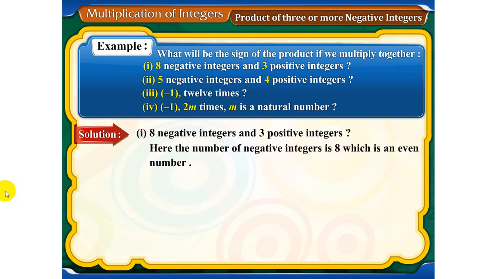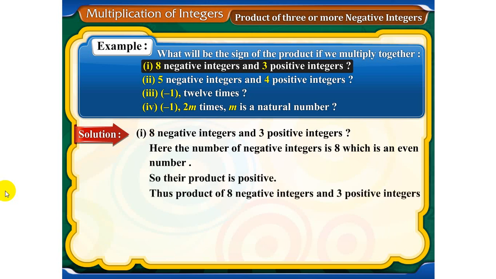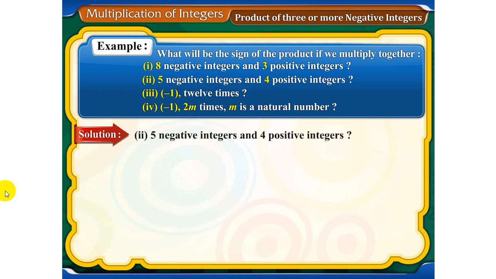Solution: 1. Here the number of negative integers is 8, which is an even number, so their product is positive. Thus, the product of 8 negative integers and 3 positive integers, that is, the product of a positive integer with a positive integer, is positive. 2.